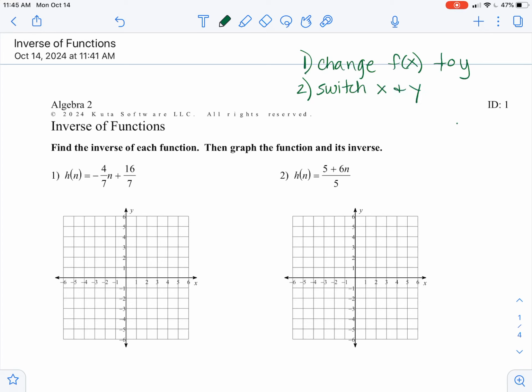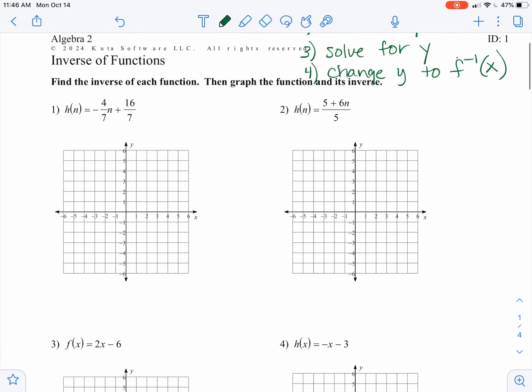So we're just going to switch the letters. And then 3, we solve for y. And then 4, we change y to what we call f inverse of x. So let's just go through and give you an example of what I mean by that.